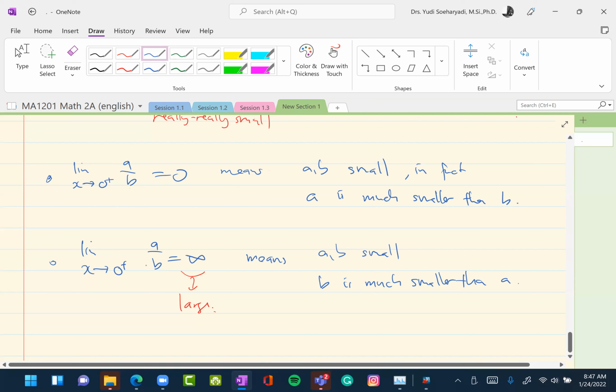But if you put it the other way around, bacteria as A and virus as B, you get this, because the bacteria is much larger than the virus.